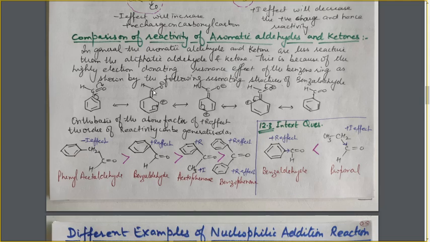Because of this electron donating nature of the benzene ring, the positive charge has decreased greatly, and that's why the reactivity of aromatic aldehyde is lesser as compared to aliphatic aldehyde. Similarly, in the case of aromatic ketones also, the benzene ring decreases the reactivity.